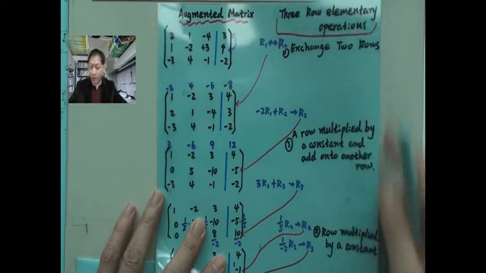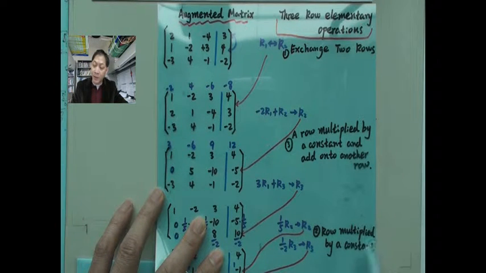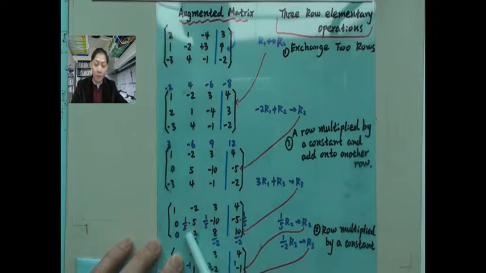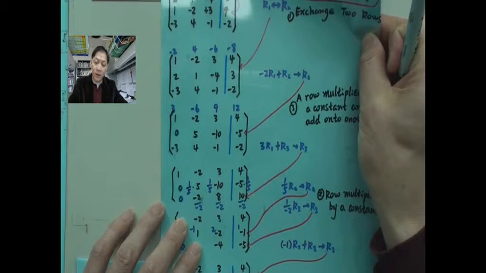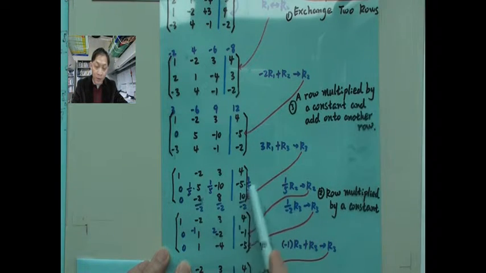Second one is a row multiplied by a constant. You see, previously we took the second row, this one, multiplied by 1/5. Then we got a new row.